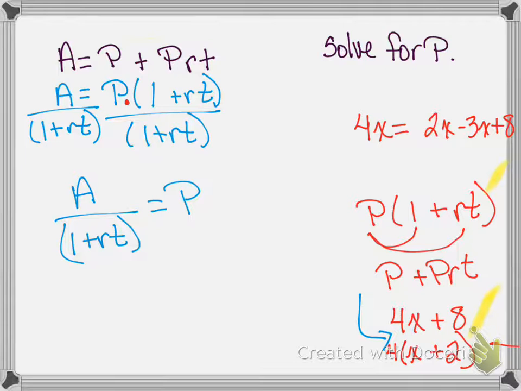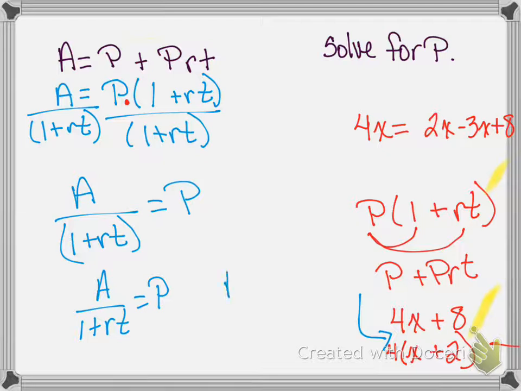Okay? If you were to write it straight up and down, and you had A over 1 plus RT equals P, that's a perfectly fine way to write it because the fraction bar is a grouping symbol.